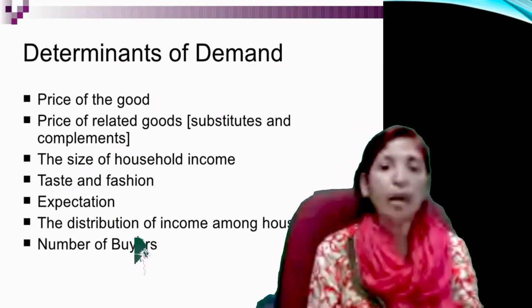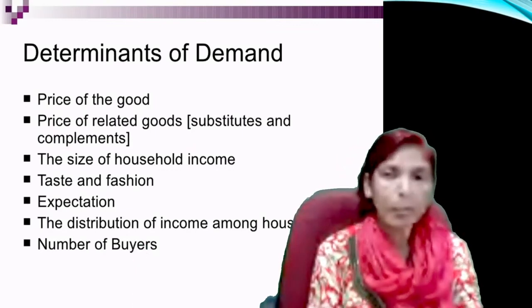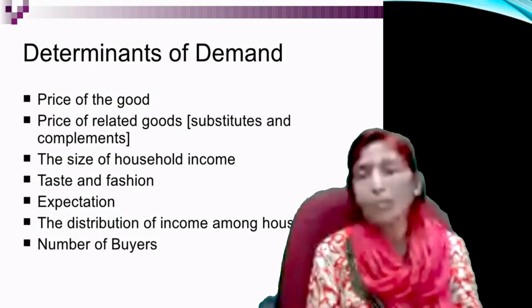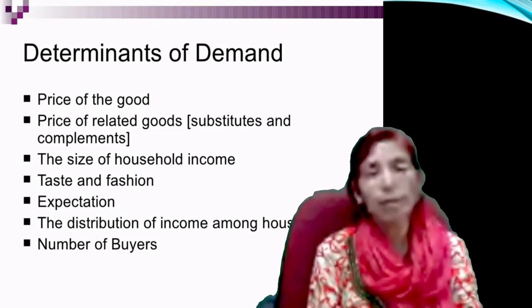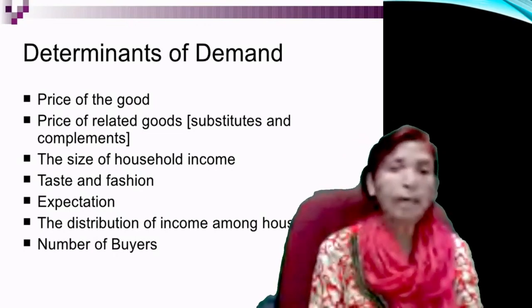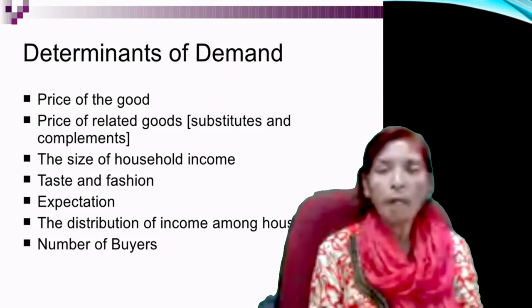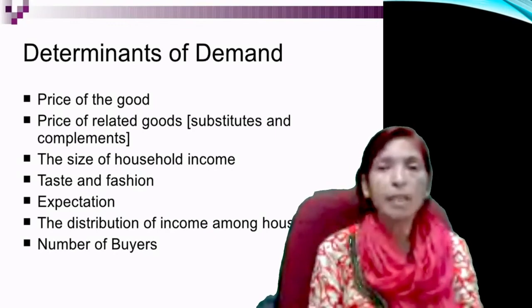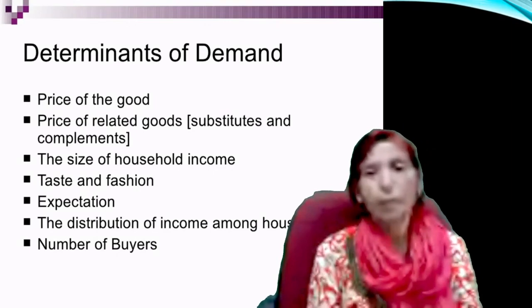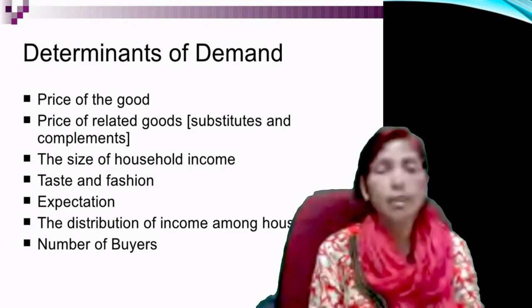Third is the size of household income. Our income also affects the demand for a commodity. If our income is less, then we will demand more inferior goods. If our income is higher, then we will demand more normal goods. And if our income can't influence the demand for a commodity, it means that type of commodity is a necessary commodity, like salt, wheat, rice, sugar.